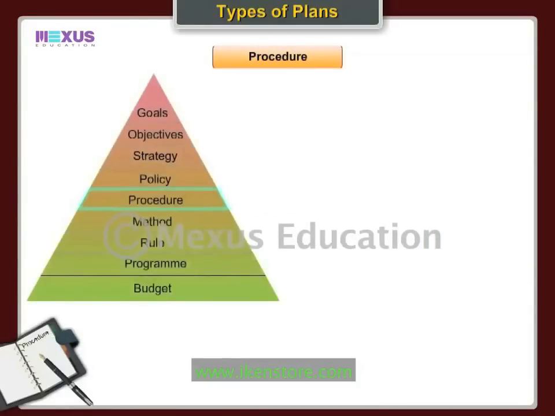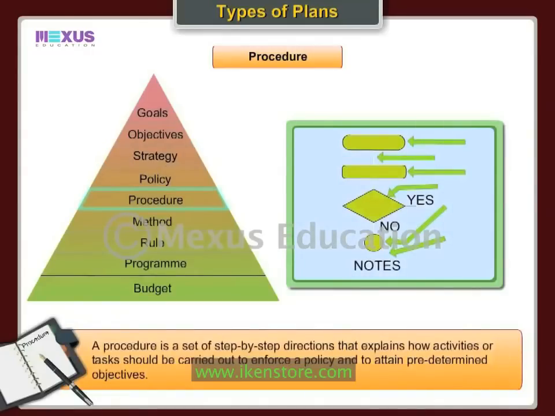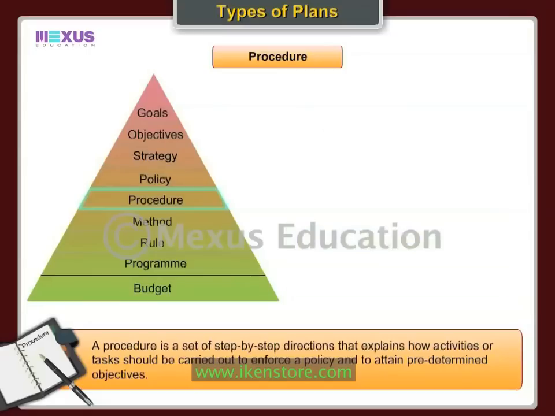Procedure. A procedure is a set of step-by-step directions that explains how activities or tasks should be carried out to enforce a policy and to attain predetermined objectives. Let us see how an organization purchases supplies and equipment. Step 1.